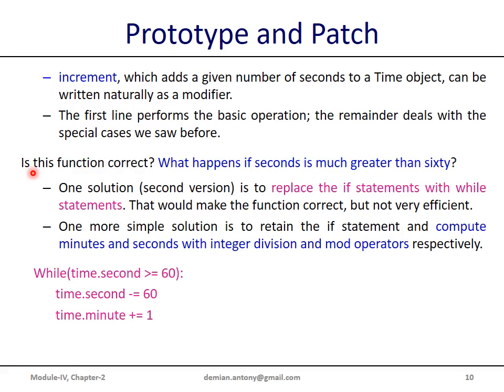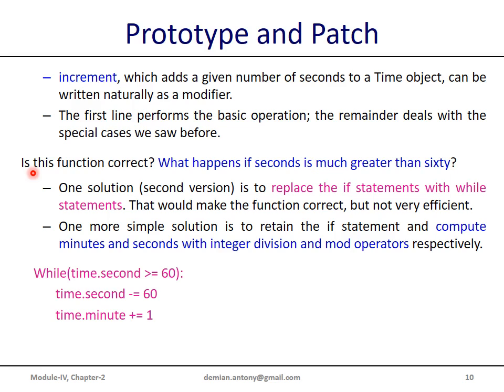Let us analyze this function, whether this function is correct. What happens if seconds is much greater than 60? If the parameter itself has a value above 60, we have not handled that situation. We have handled the situation only after addition.